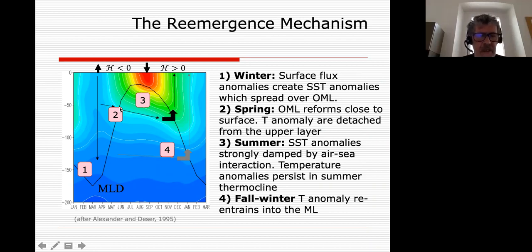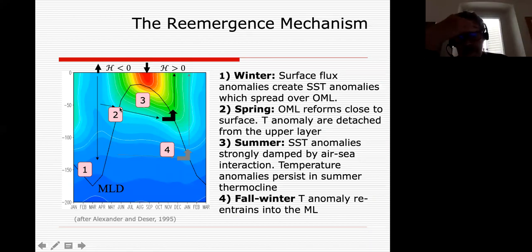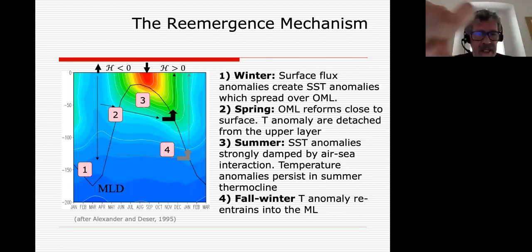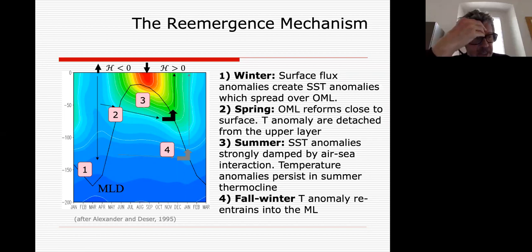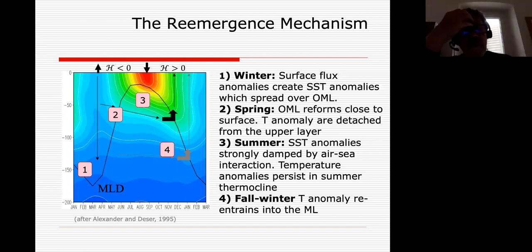I mentioned the importance of the ocean mixed layer as an interface between atmosphere and ocean interior, but we see that it also has an important impact on the biology, on the biogeochemistry of the ocean, and also on the carbon cycle, so on the climate in the long run.